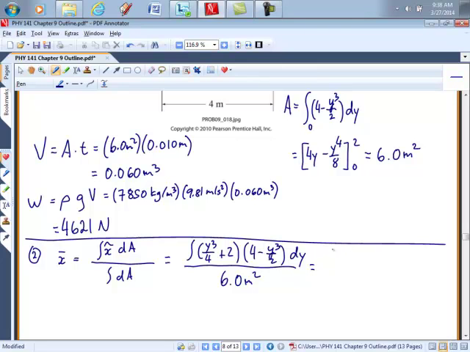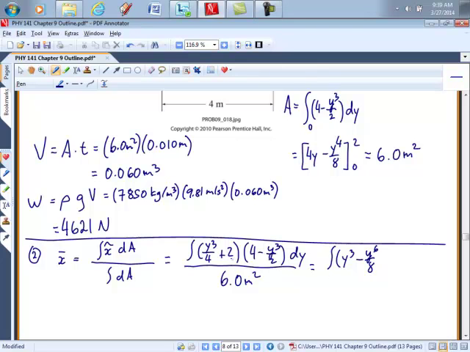So if we FOIL those out, we're going to have y cubed over 4 times 4, which is going to be y cubed. We're going to have y cubed over 4 times y cubed over 2, y to the 6 over 8.